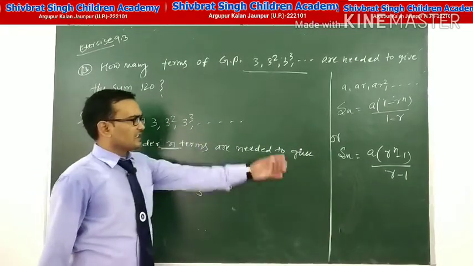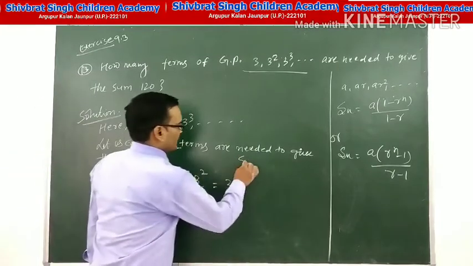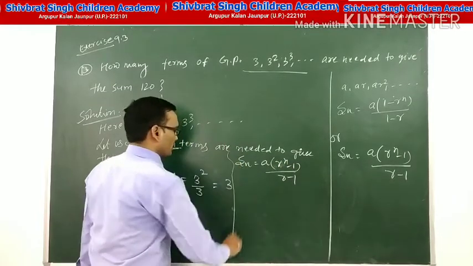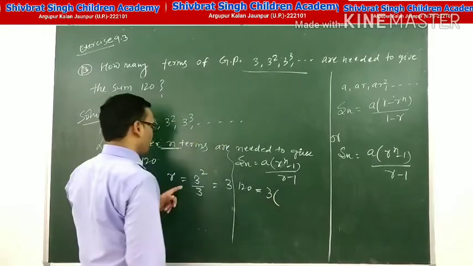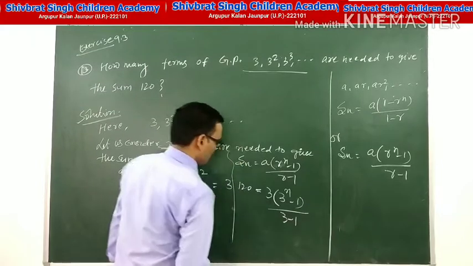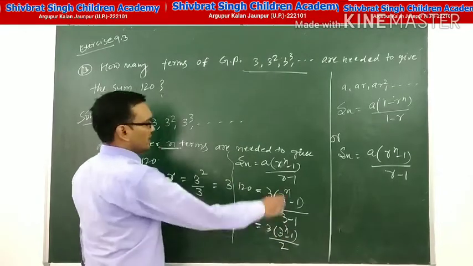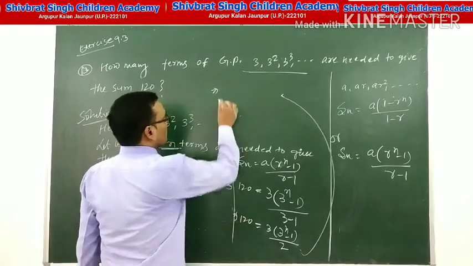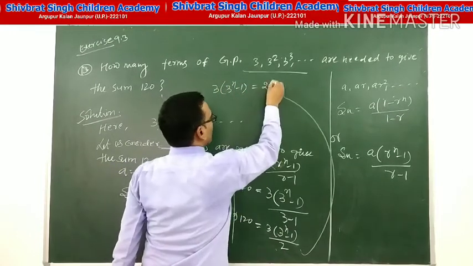Using the formula Sn equal to this, where Sn equal to 120, a equal to 3 and r equal to 3: 120 equals 3 into (3 to the power n minus 1) upon 3 minus 1, that is upon 2. This implies 120 multiplied by 2 is equal to 240. That means 3 into (3 to the power n minus 1) equals 240.